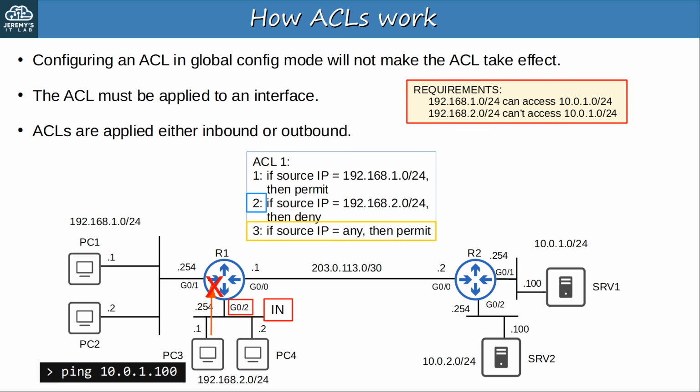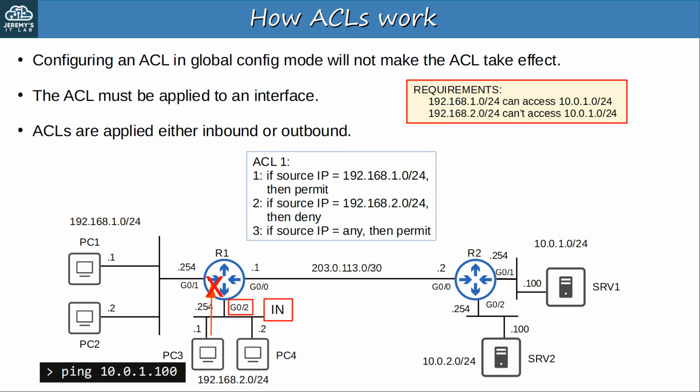192.168.1.0/24 will be able to access 10.0.1.0/24 no problem. There is no ACL stopping them from communicating. Also, hosts in 192.168.2.0/24 are prevented from accessing 10.0.1.0/24. As you just saw, R1 dropped the traffic from PC3.